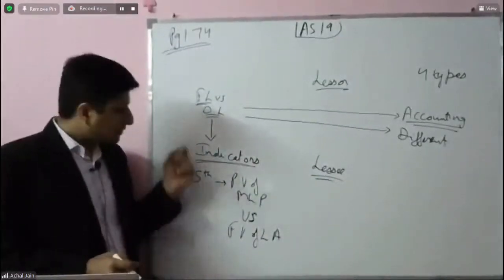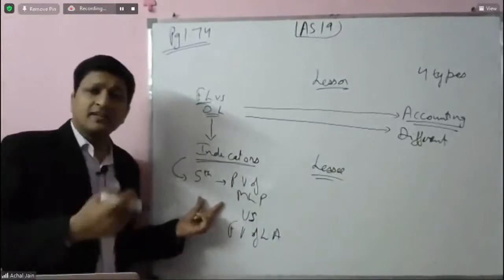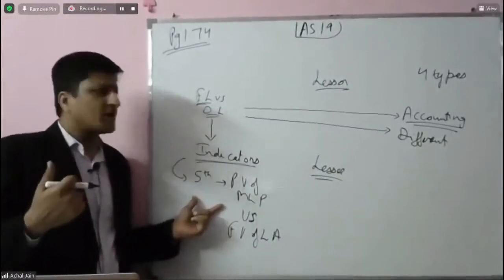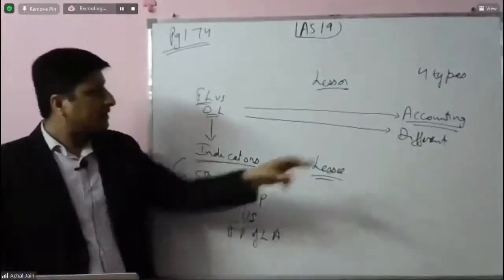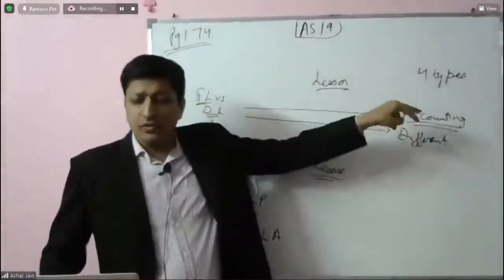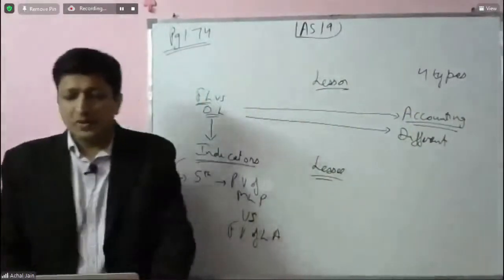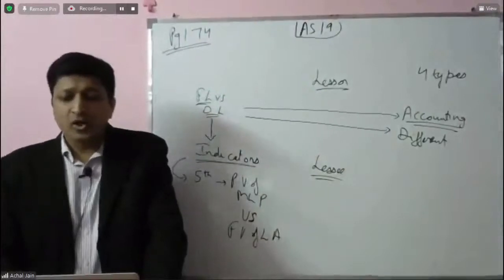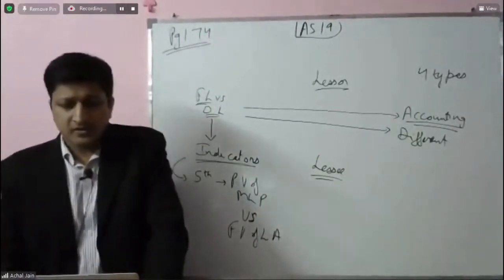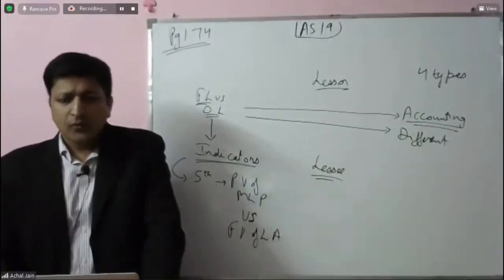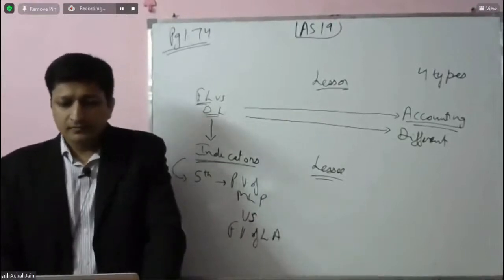One, this indicator and the arithmetical calculations which are involved in this. And second is the accounting requirements of formats. So I'm saying your chapter is focused on these requirements. Understood?